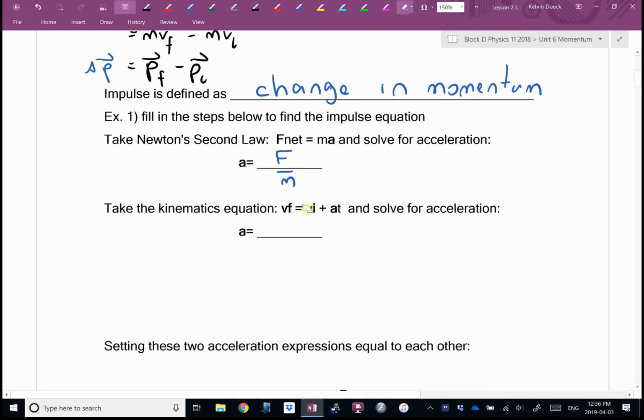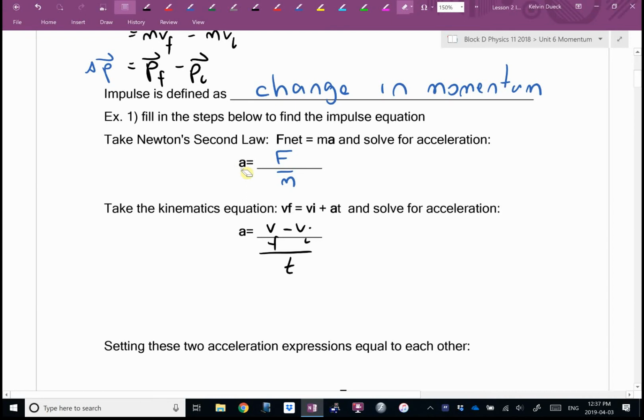What's going to drop down like a domino? The Vf. And then who remembers, how would we get the a by itself from Vf minus Vi? More specific, can you give me the whole thing? A equals Vf minus Vi over t. Good. Can you read this to me again?